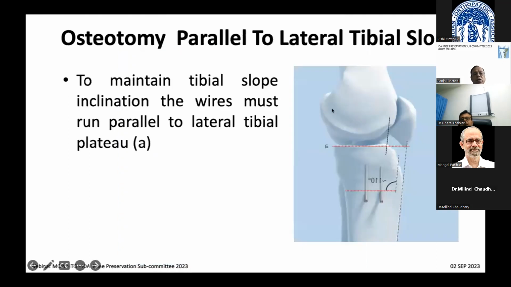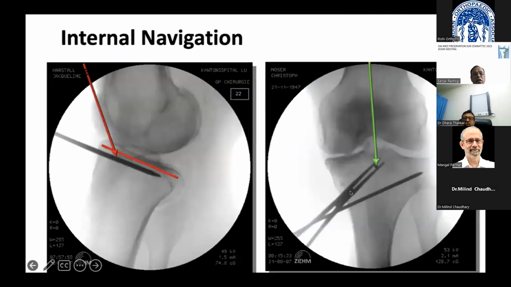The osteotomy should be parallel to the lateral tibial slope, and this is how it is seen. And for this internal navigation of the slope, we pass a K wire 1 centimeter distal to the knee joint line in AP direction.